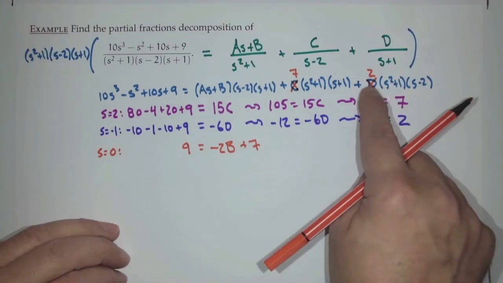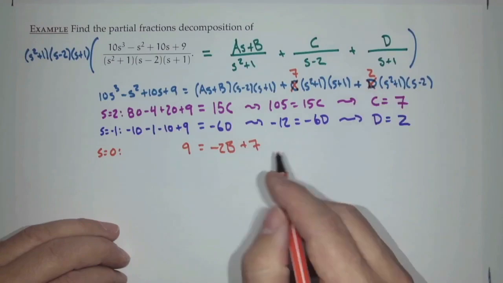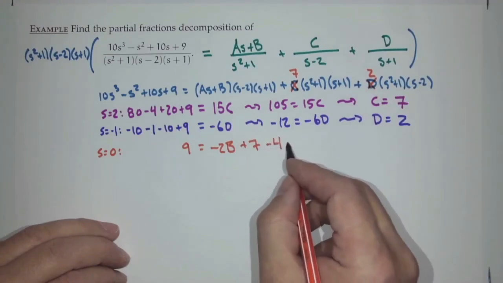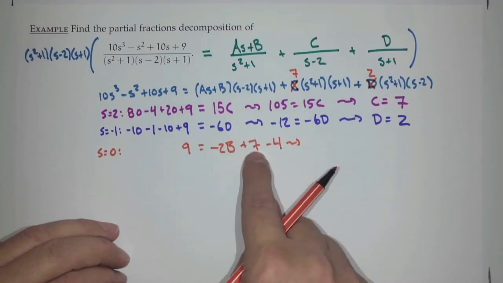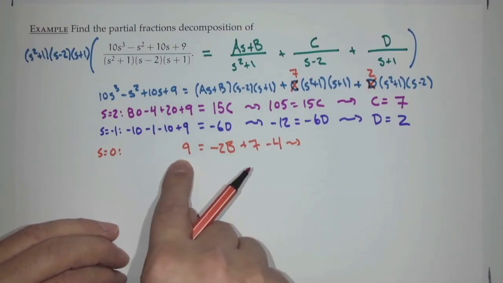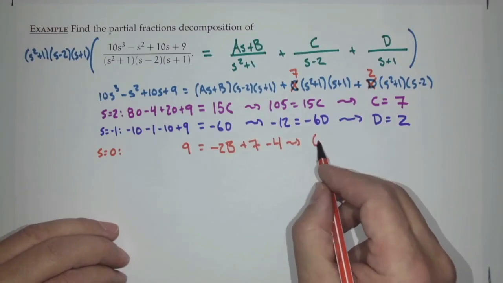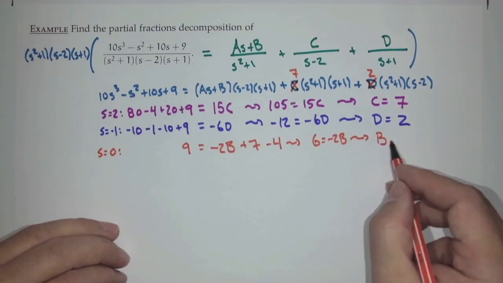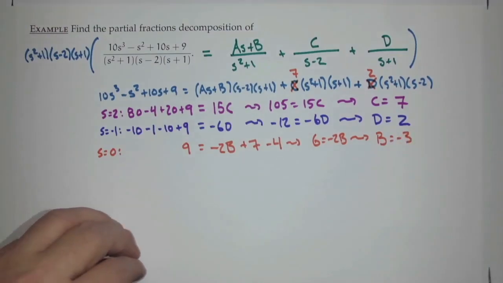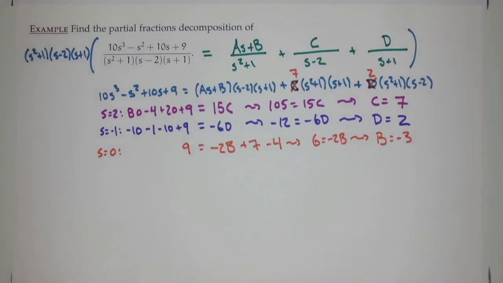We'll end up with -4 because it's 2 times 1 times -2. Okay, well, 7 minus 4 is 3. We can move that over to the other side. 6 should equal negative 2b. So what does that tell us about b? B is negative 3. Wonderful progress.